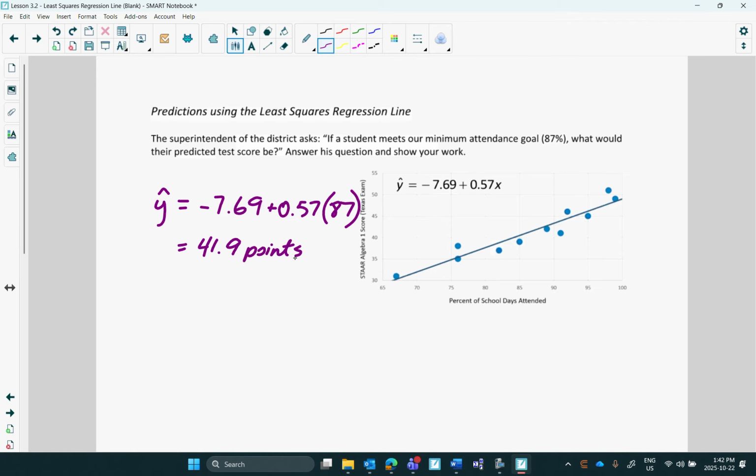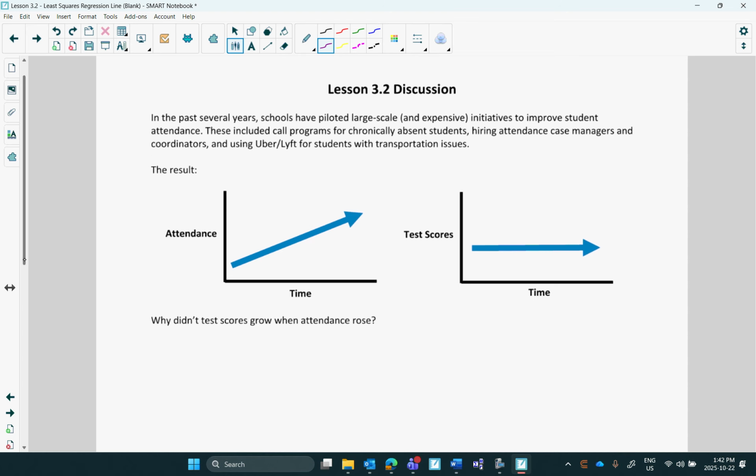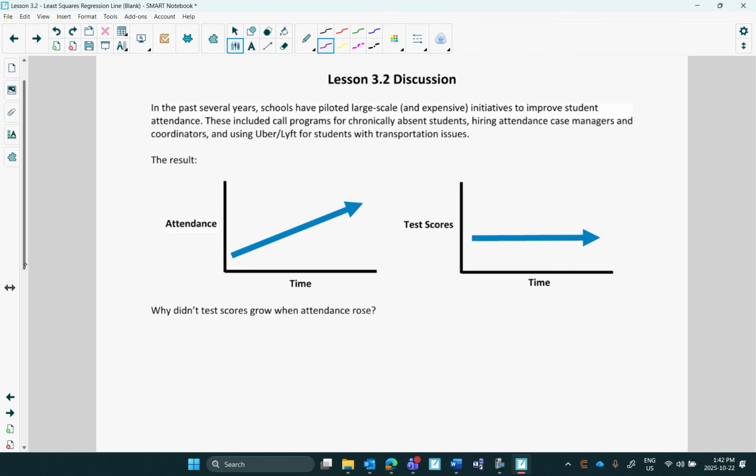I do want to just talk about this discussion briefly. We don't really have an issue with attendance here. If we do, it doesn't seem to affect you guys too much, or most students. But there are places where there are real issues with attendance.